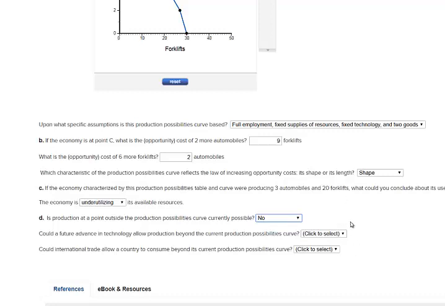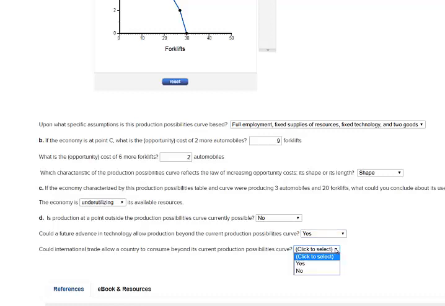Could a future advance in technology allow production beyond this curve? The answer is yes. If we negate that list of assumptions, fixed technology, fixed resources. So if we have more technology or more resources, the answer is yes, we could produce more than what we have.